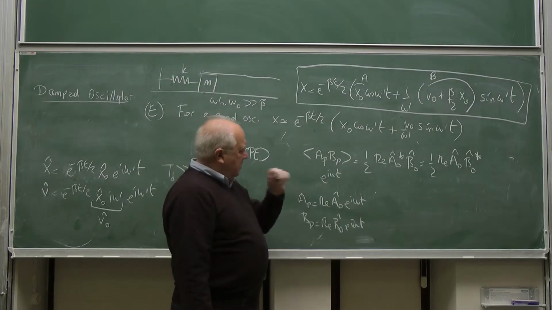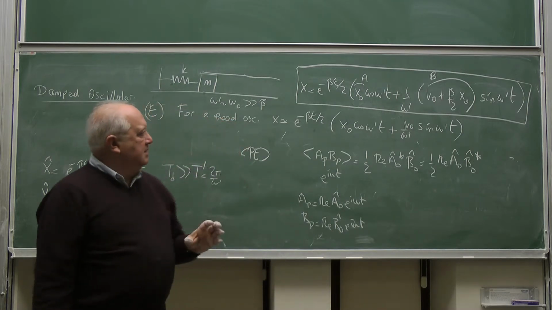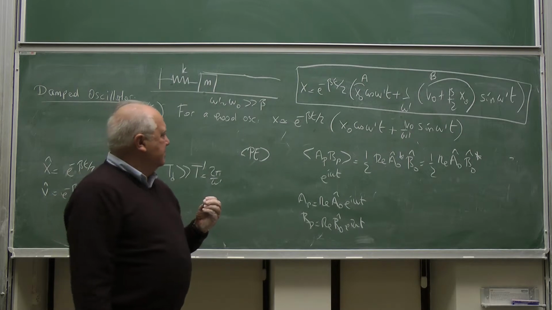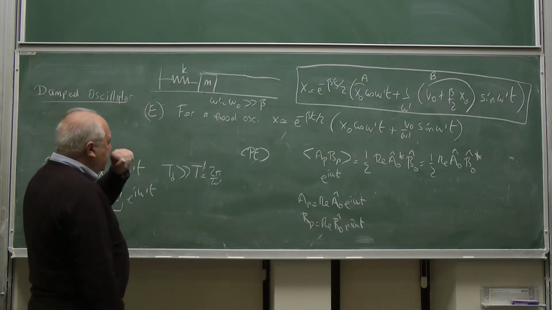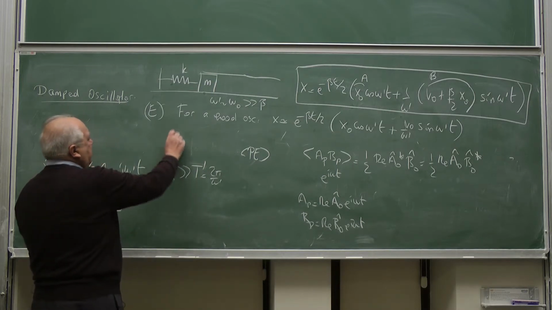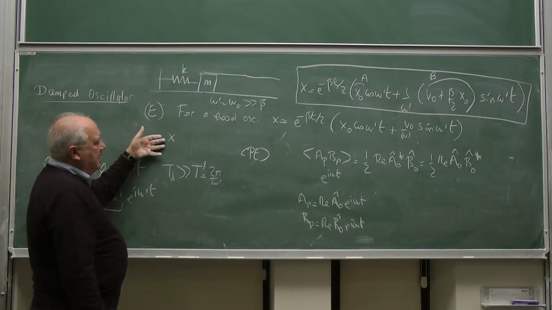Notice that you can use complex representation for the linear expressions. For example, in the differential equation, we had only x. It was linear in x. So we could use complex representation and take its real part.